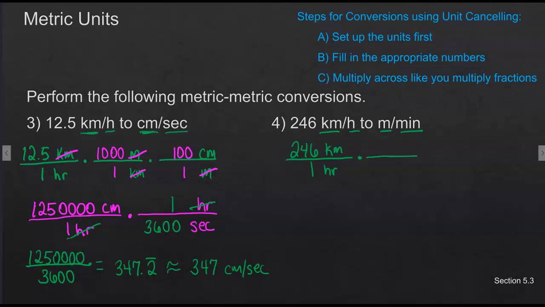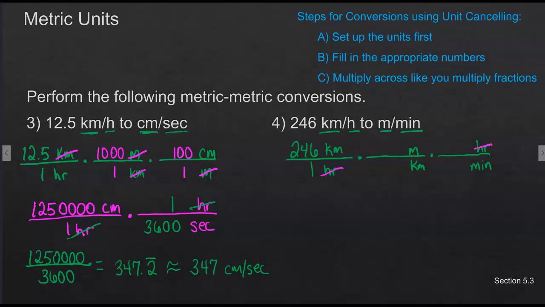And then I'm going to convert to meters. It doesn't matter which one of these you put first. You can put the hours and minutes or meters and kilometers. So I'm going to go to minutes and then fill in my numbers.